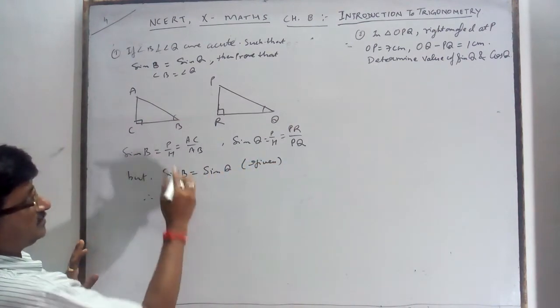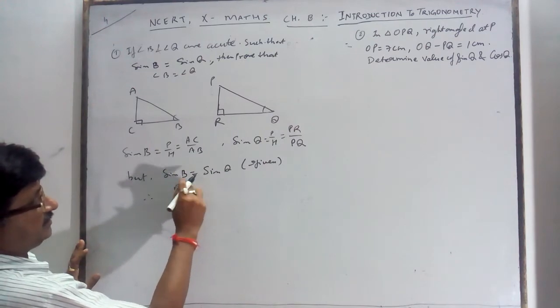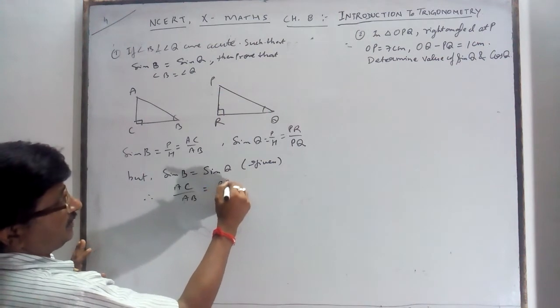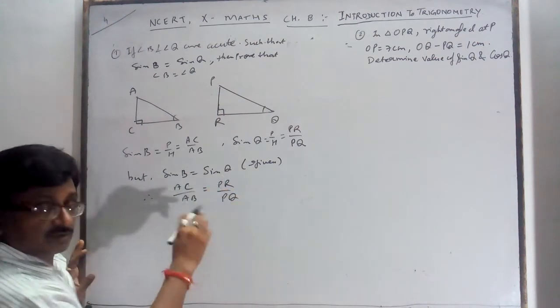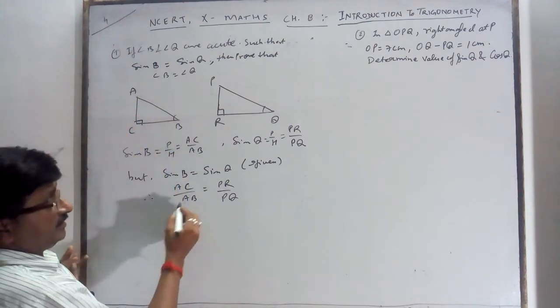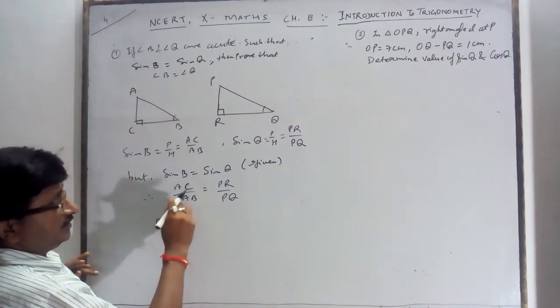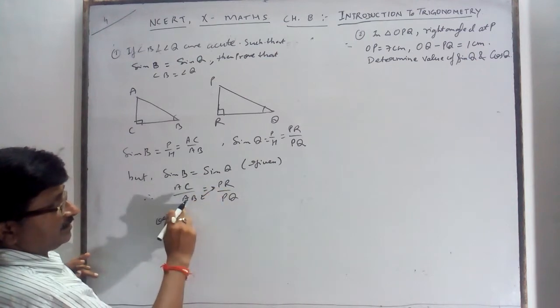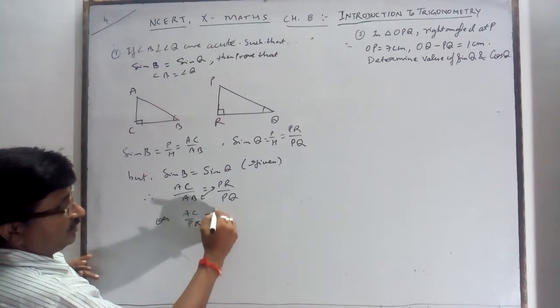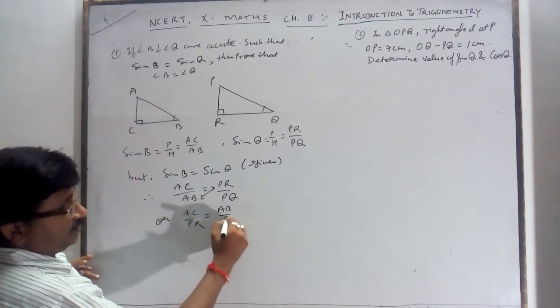Therefore, in place of sin B you can write AC upon AB is equal to PR upon PQ. Transposing by cross changing the denominator and numerator, AC upon PR is equal to AB upon PQ.